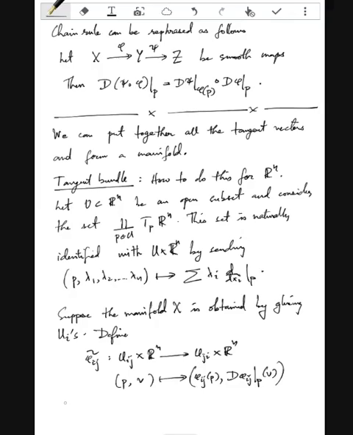So this definition is naturally motivated by what phi ij does at the level of tangent spaces.